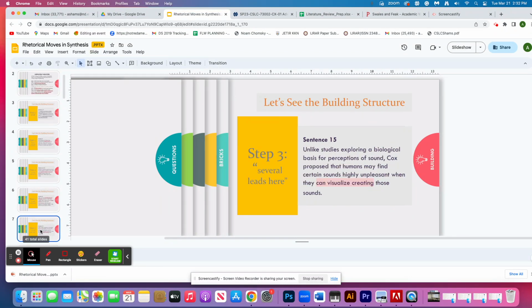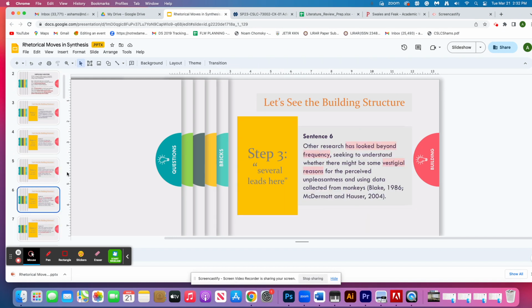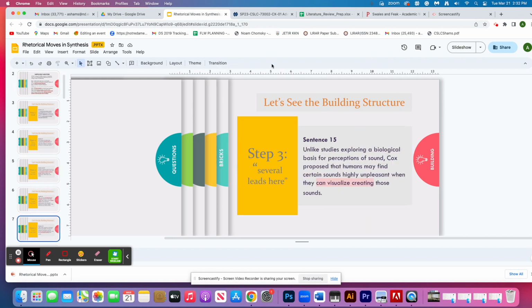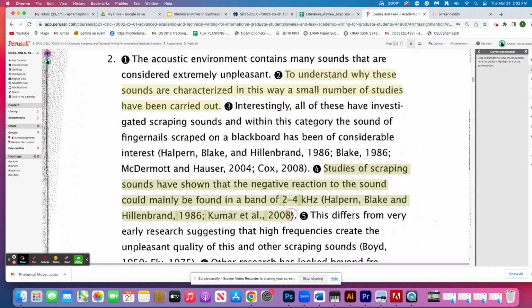Now, sentence 15 has another lead: they can visualize creating those sounds. That was mentioned by Cox's proposal. So sentences 4, 6, and 15 have step 3. Let's have a look in this essay. Sentence 4 is a lead.